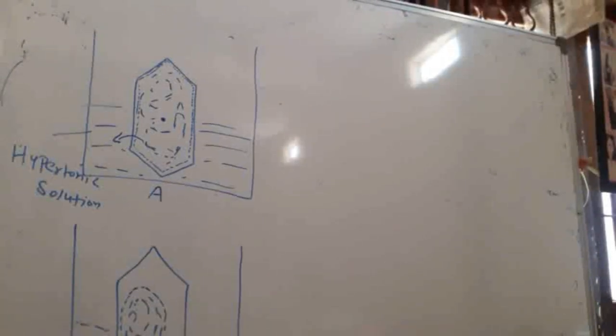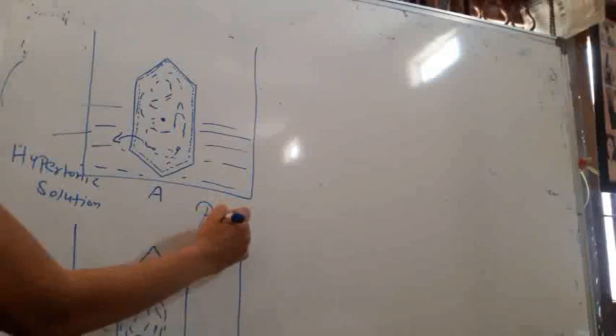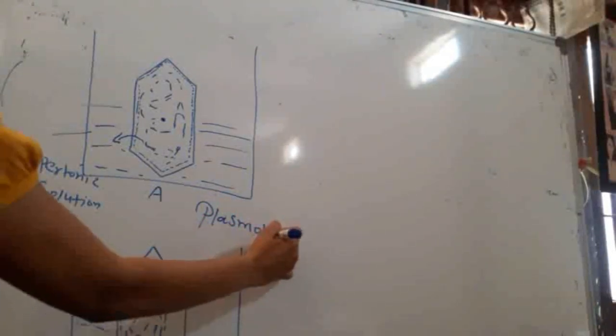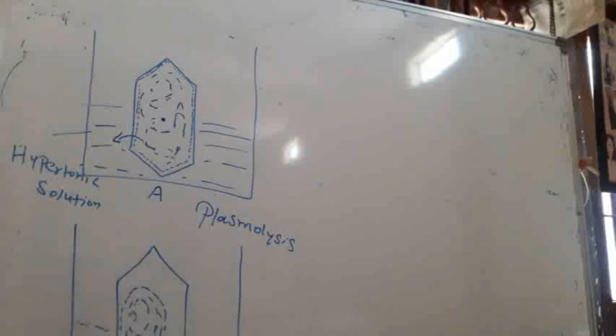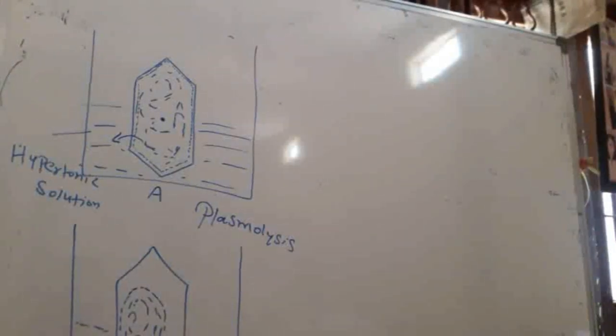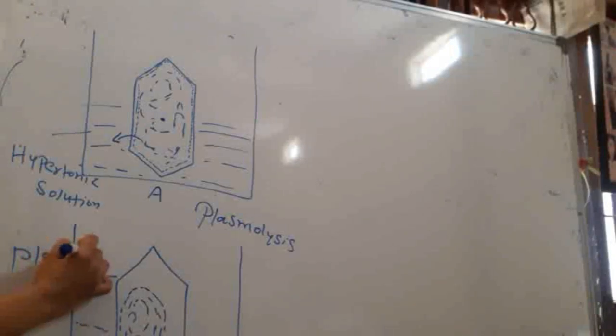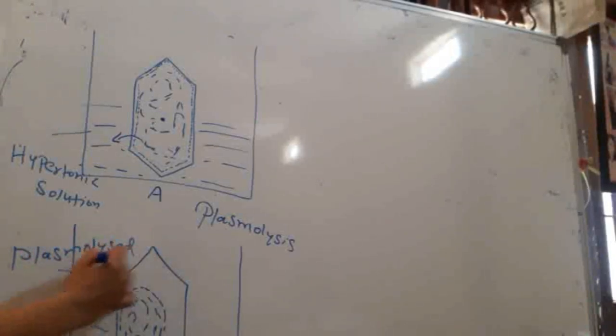So this phenomenon is called plasmolysis. And this cell in which the plasma membrane and protoplasm shrink is called a plasmolyzed cell. So this is a plasmolyzed cell.